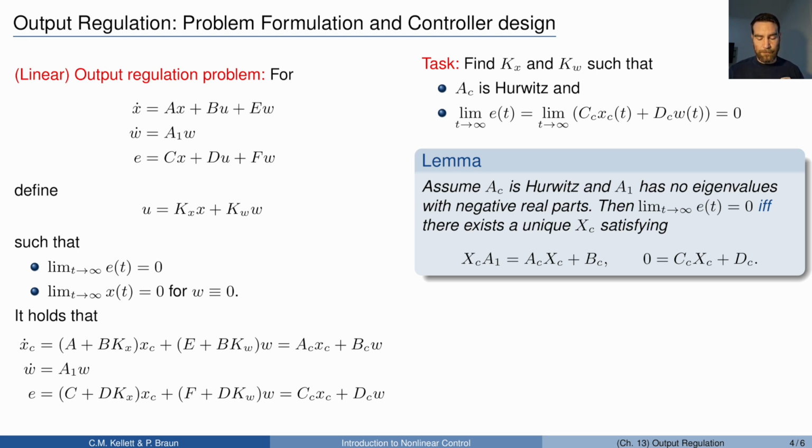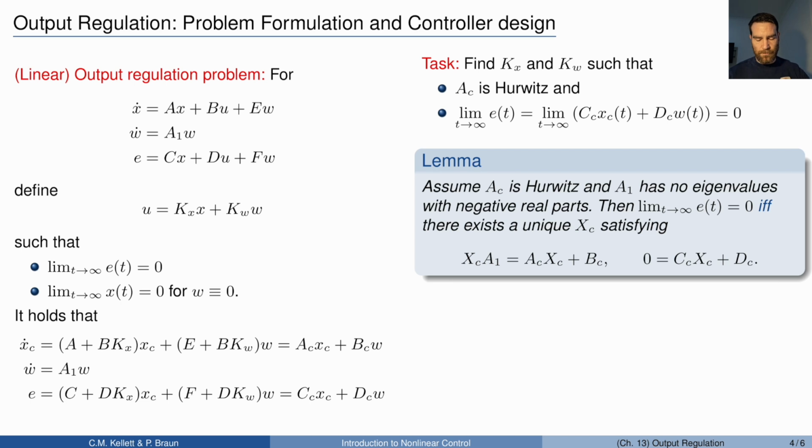If we assume that AC is Hurwitz, and if we assume that the matrix A1, which defines our exosystem, depending on the disturbance dynamics and the reference dynamics, has no eigenvalues with negative real parts, then the following statement holds, namely that the error is going to 0 if and only if there exists a matrix XC solving these two matrix equations down here.